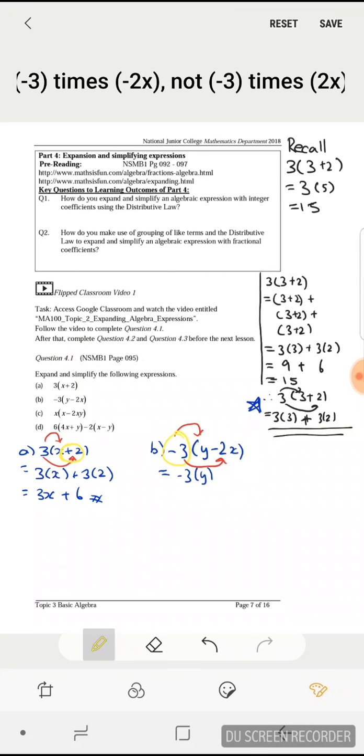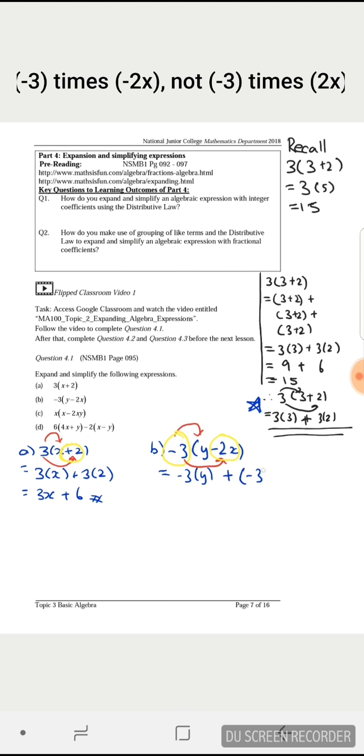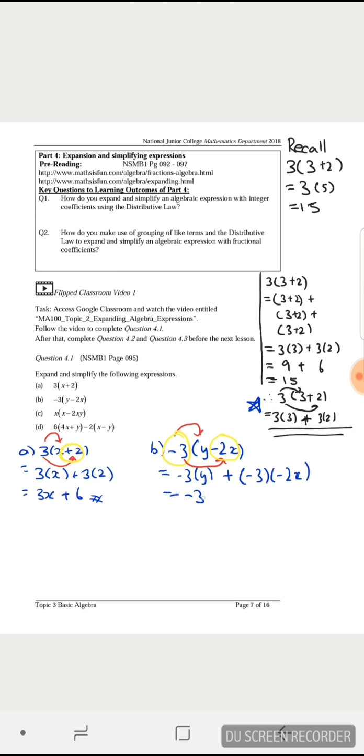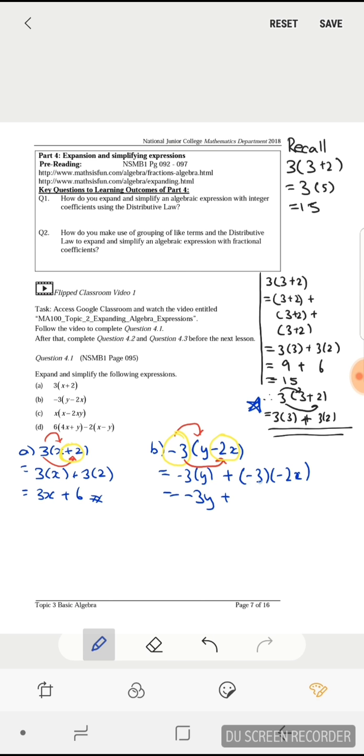Yes, it is negative 2x, because you must consider the sign with it. So we write down plus negative 3 times negative 2x. From here, you get negative 3y plus, let's take a look, negative 3 times negative 2x.